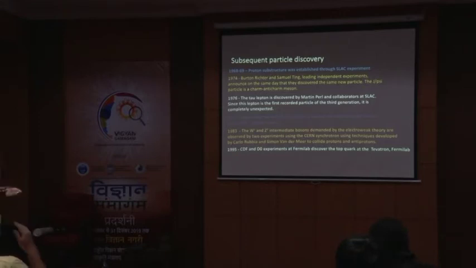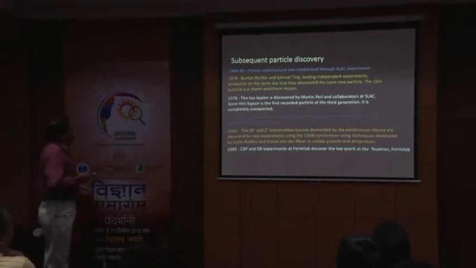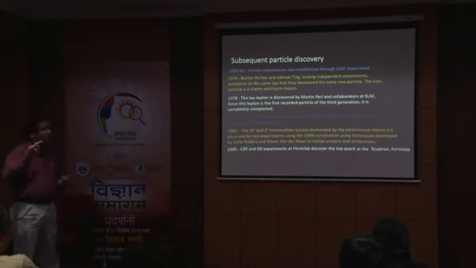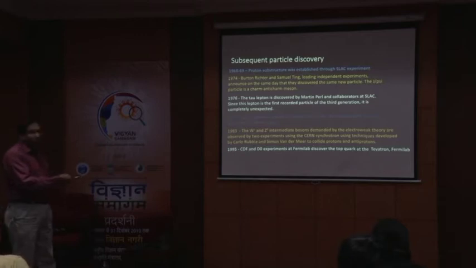It's a c-cbar, charm and anti-charm bound state. In 1976, Martin Perl discovered the tau lepton, which is the third generation, the first lepton of it at that time. And the next year, Leon Lederman found the bottom quark.